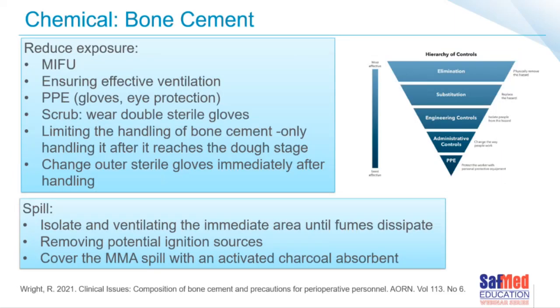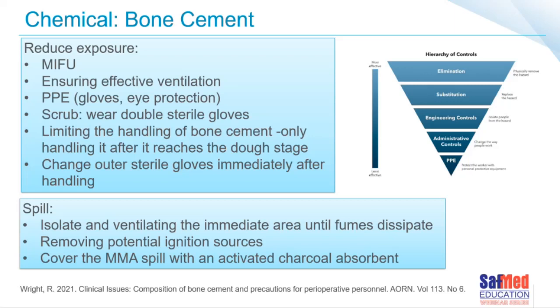The adverse effects that can occur to the patients include hypertensive episodes and cardiac arrests have also been reported. As we said, the orthopedic surgeon is going to do a risk assessment around that and make their own decisions on whether or not this needs to be used.